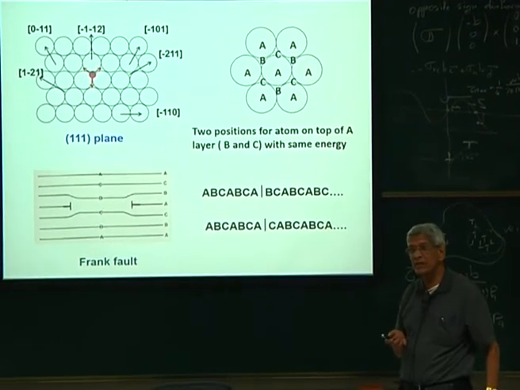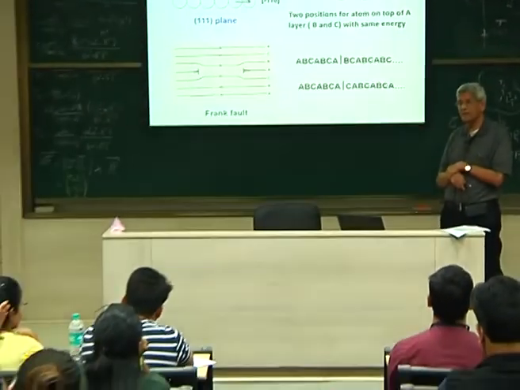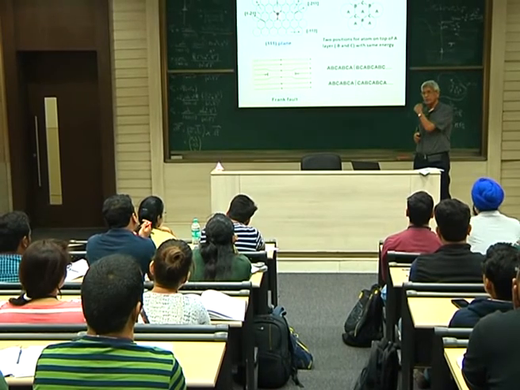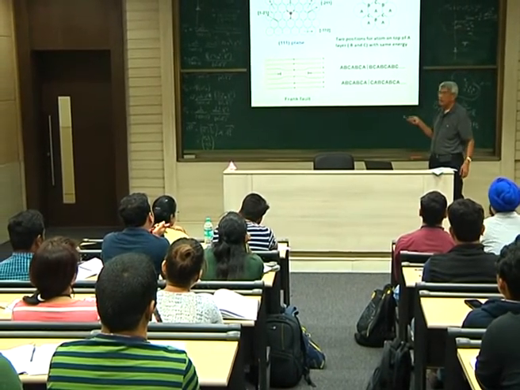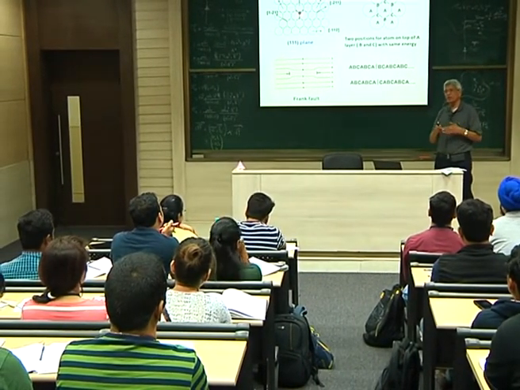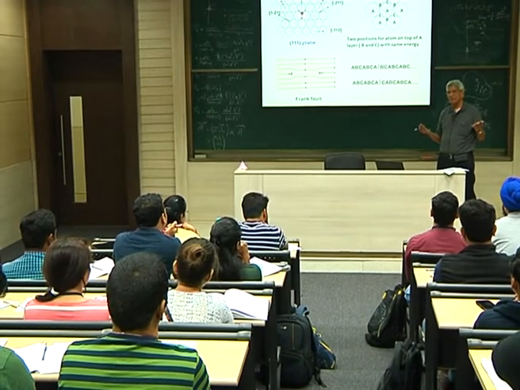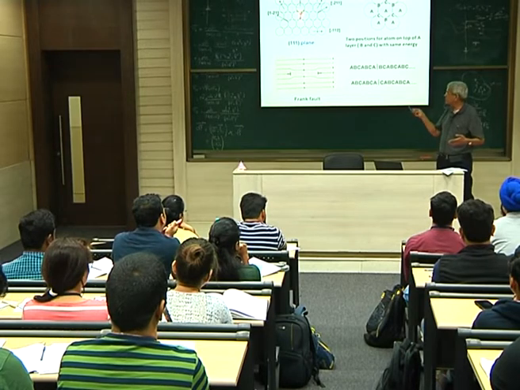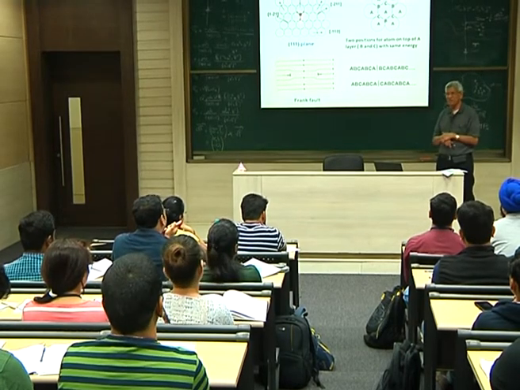No, when the stacking fault is created, what is the energy difference? Because when it can go to the B or C side, where is the difference coming from? Both sides could be equally probable for it to occupy.